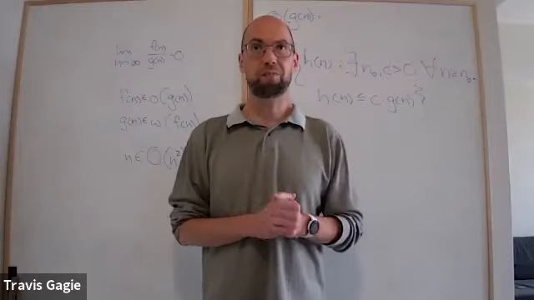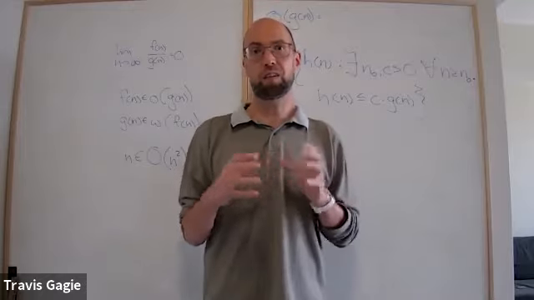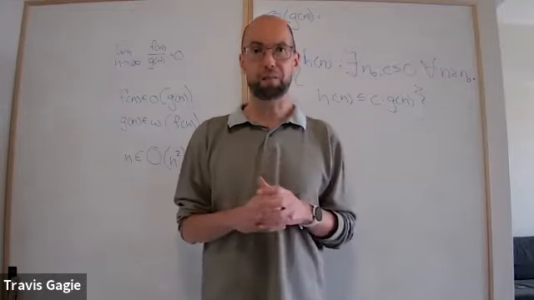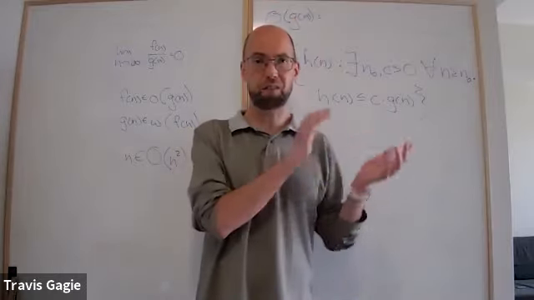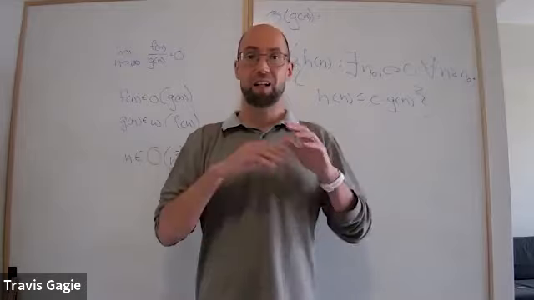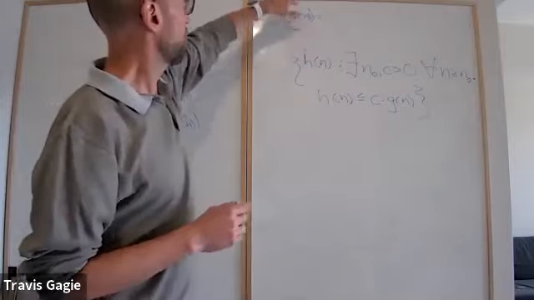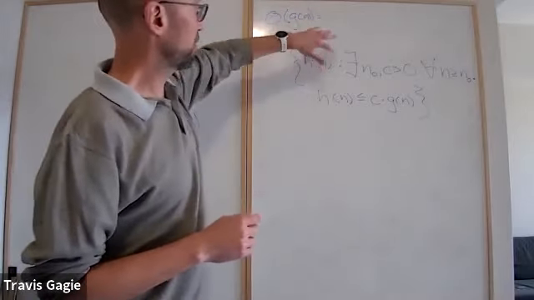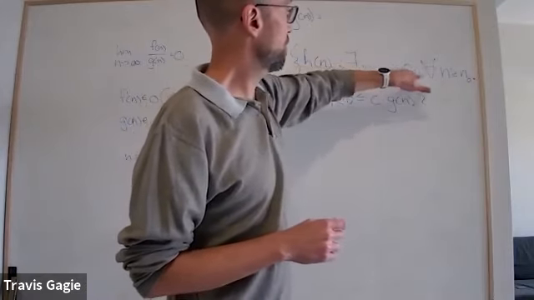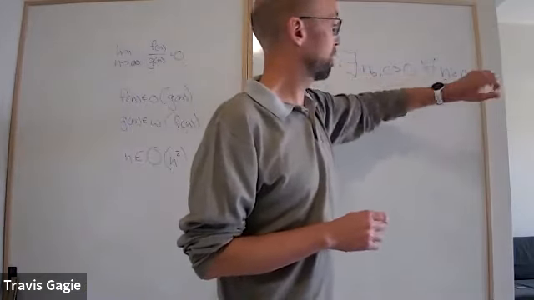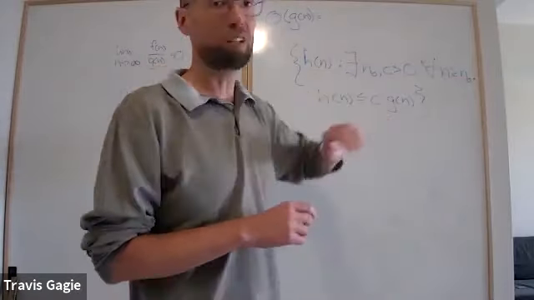We also don't want to talk about insertion sort being faster than merge sort when you're really dealing with small instances. So ignoring constant factors that change based on your computer and ignoring small instances, O of g of n is the set of functions h of n such that there exist n0 and c greater than 0 such that for all n greater than or equal to n0, h of n is less than or equal to c times g of n.